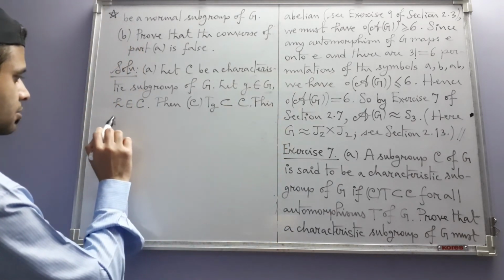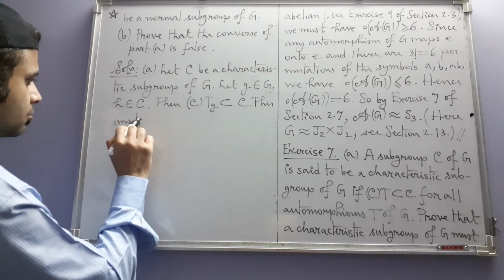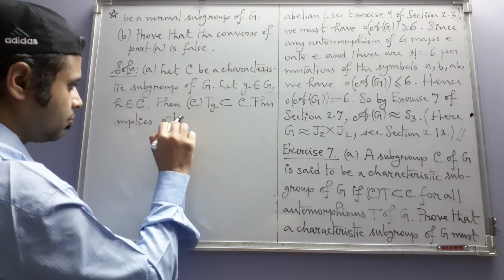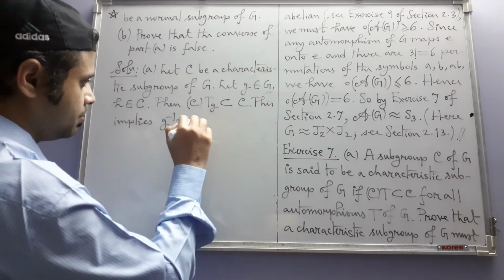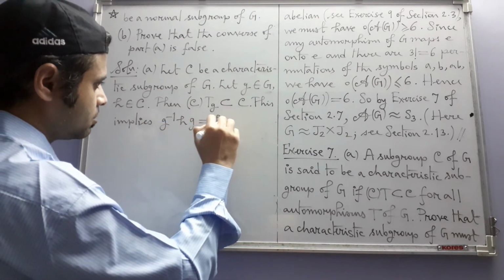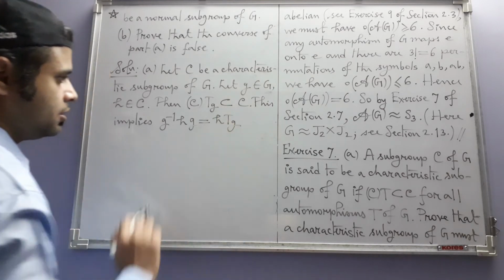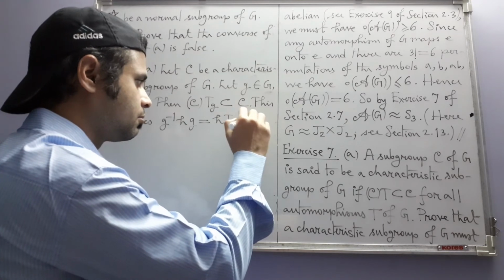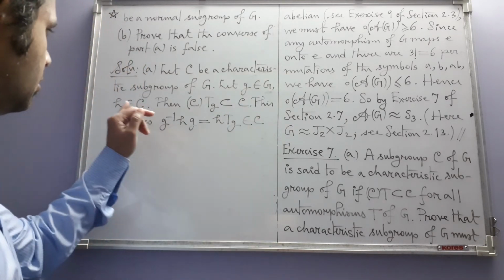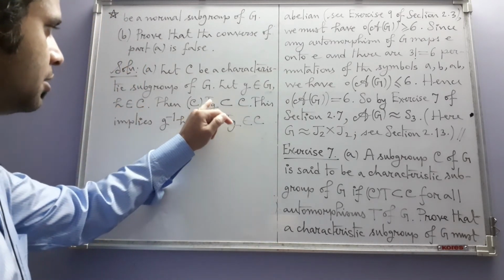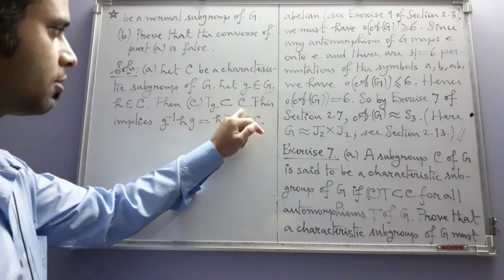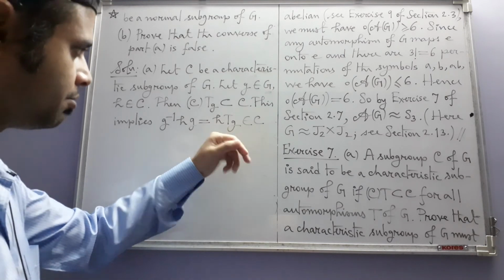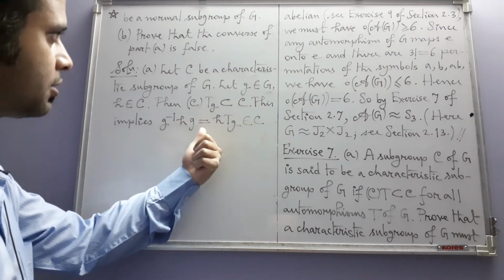This implies G inverse HG, which is the TG image of H, will belong to C because H is coming from C. Since this image is contained in C, the image of this single element H will be contained in C, which is G inverse HG.